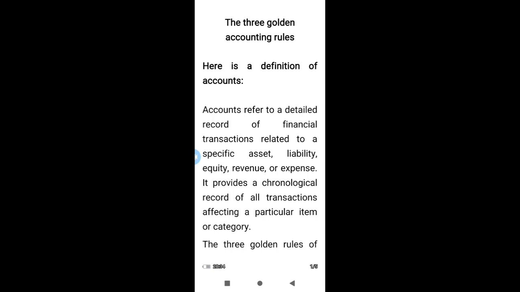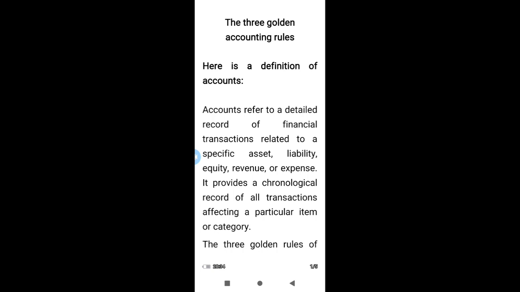To master the 3 golden rules, we need to know how accounts are classified and the various types of accounts. Accounts are classified into personal and impersonal accounts. The personal account being the debtors account, creditors account, capital account, etc. And then the impersonal account is further classified into real account and nominal account.